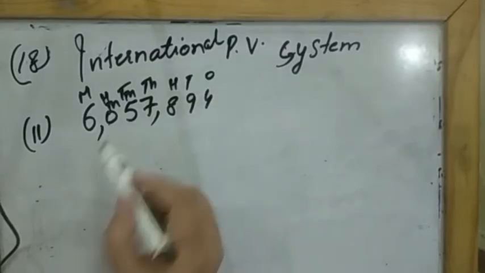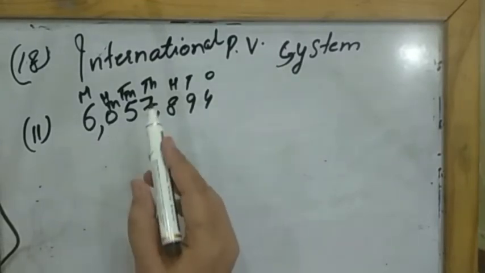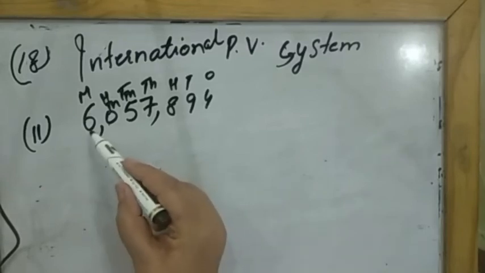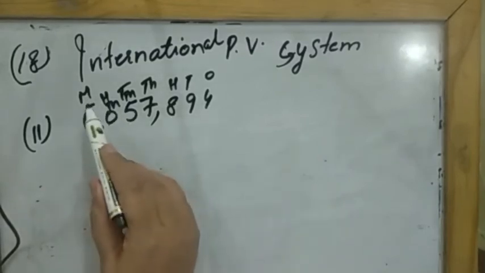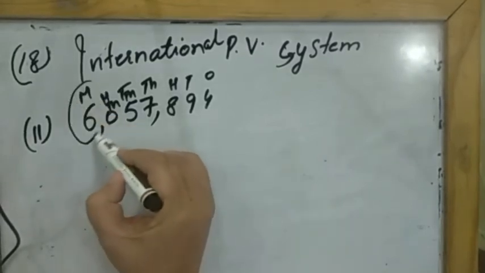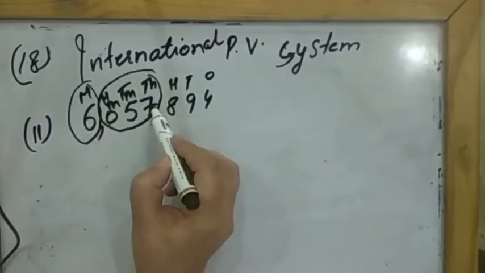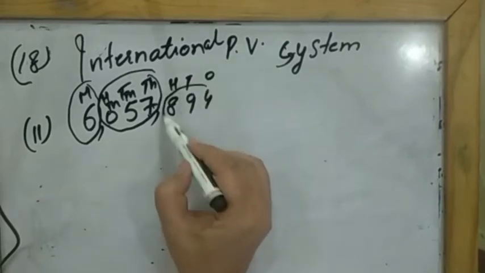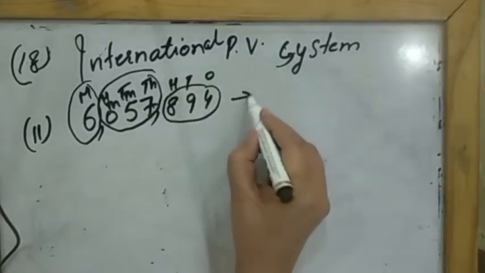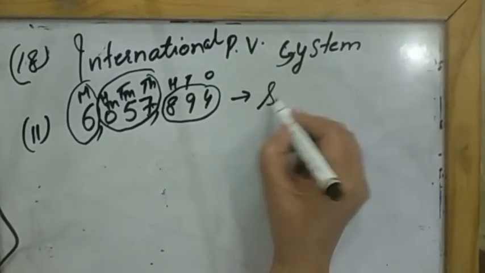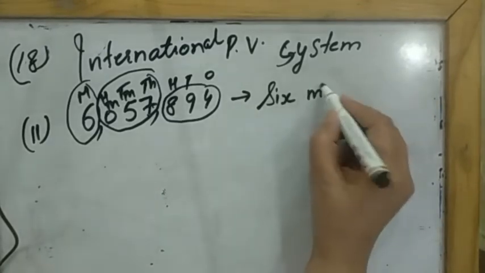Then they are asking you to write the number name of this also. So this becomes 6 million. I will read this as 6 million, then this as 57 thousand, and this as 894.